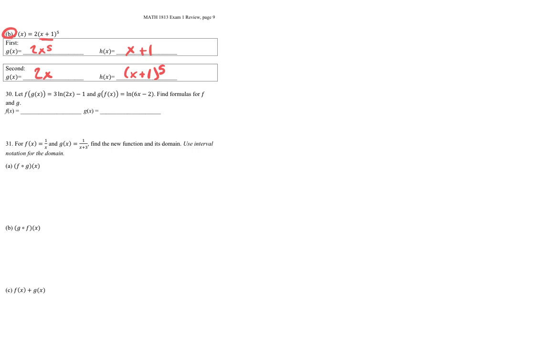So one place that we could start is by looking at this 2x. It almost looks like we could say this f of x is 3 natural log of (x minus 1). And then f of g of x is just where we plug in a 2x right there. So that would work for f of g of x.